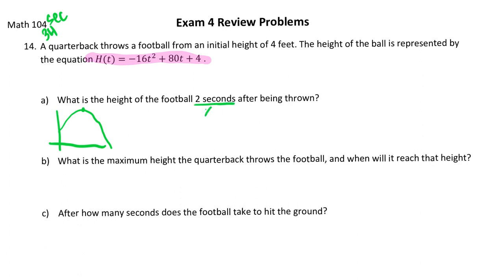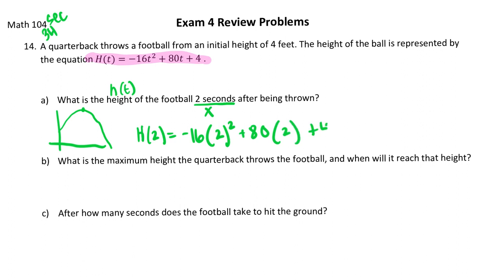So that's our x. Our height of the ball is our h of t. That's what we're trying to find. So h of 2 is equal to negative 16 times 2 squared plus 80 times 2 plus 4.